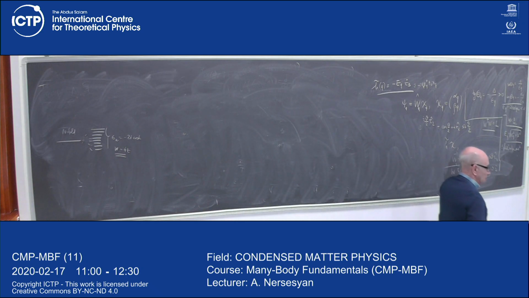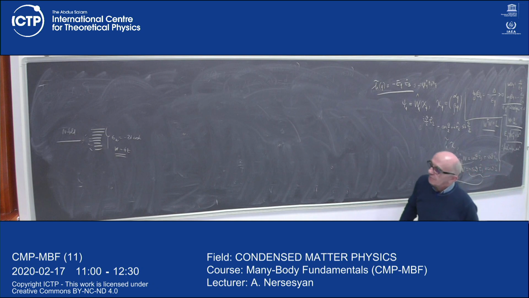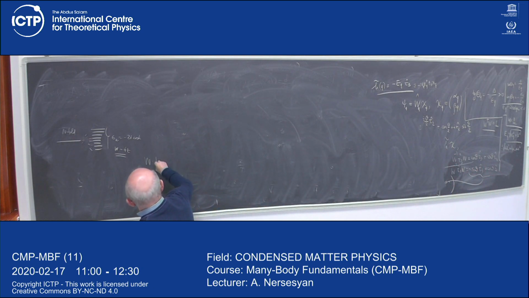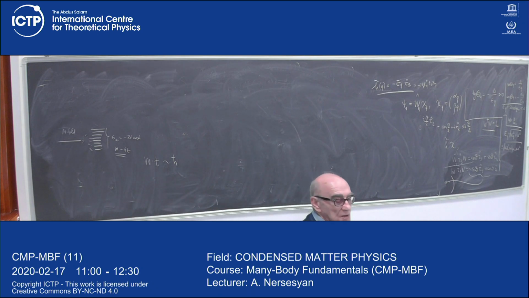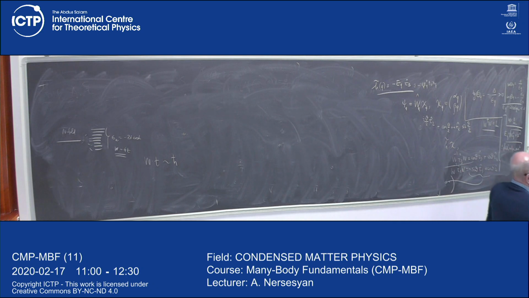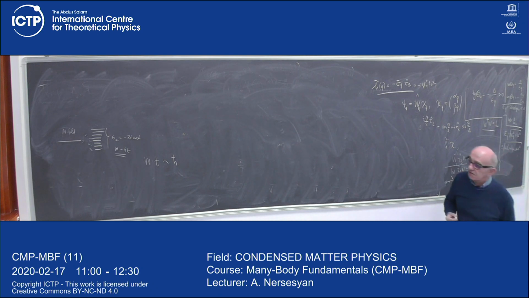Now, according to the uncertainty principle, I can take this W multiplied by t and say this is of the order of h, Planck's constant. What is t? What is the physical meaning of t? The physical meaning of t is as follows.